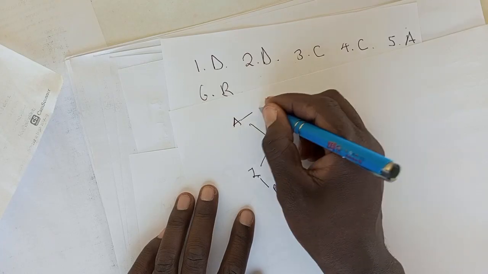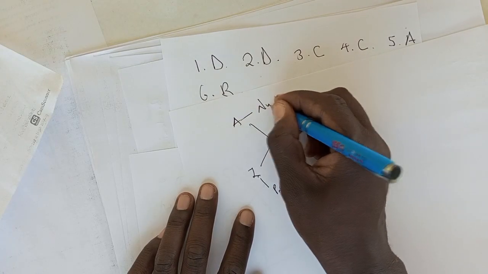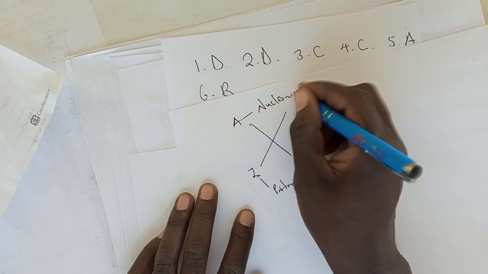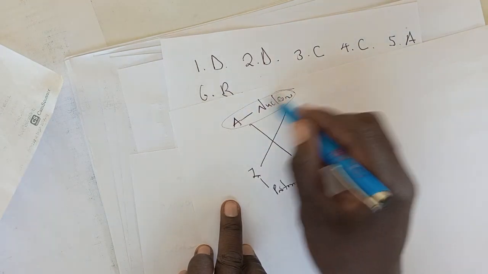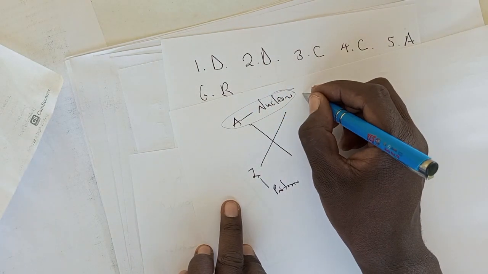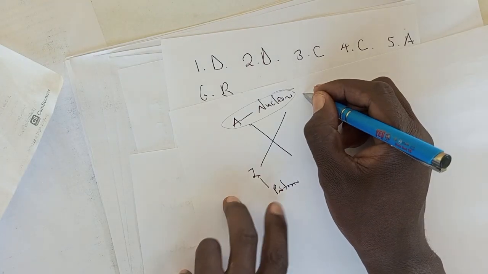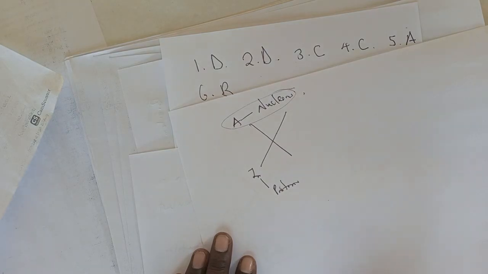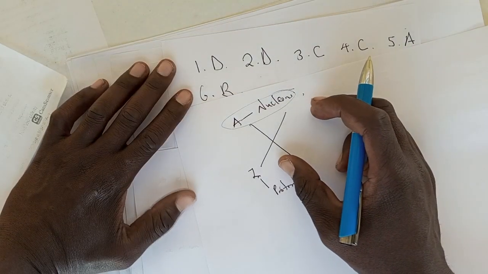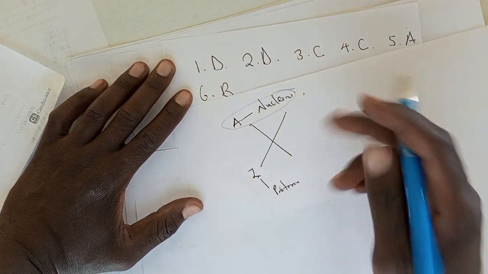This one is for nucleons. So these nucleons are the number of protons plus the number of neutrons inside the nucleus of an atom.